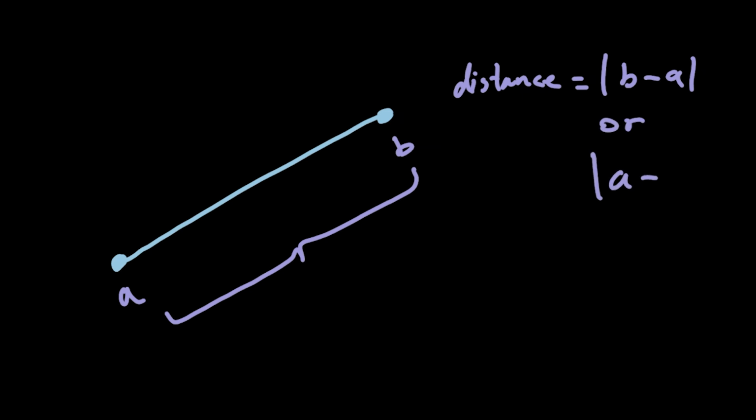The distance is the absolute value of P minus A, or the absolute value of A minus P. We don't care about the sign of the inside number because the absolute value always gives a positive number, and distance can never be negative.